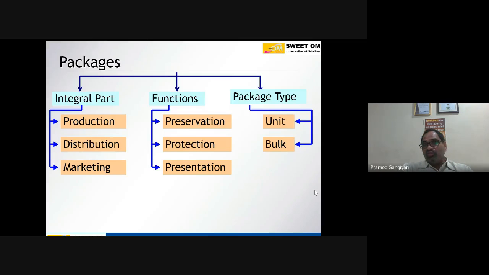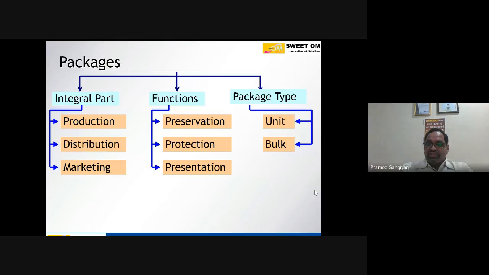If you want to make a corrugated box, there are different production aspects. If you want to pack milk, there is a different production aspect. Similarly, there are different distribution aspects as well, because the transportation hazards are different for different pouches or different packages. Of course, the marketing strategies are different.